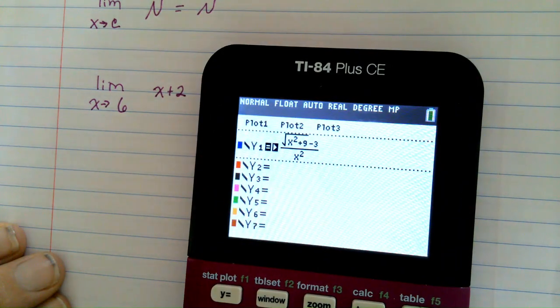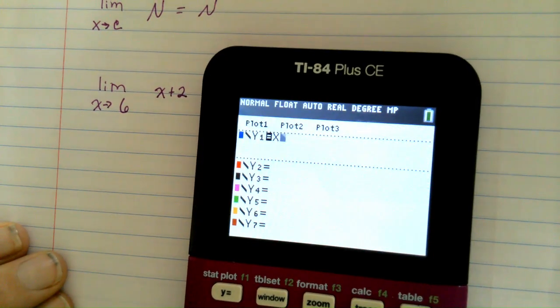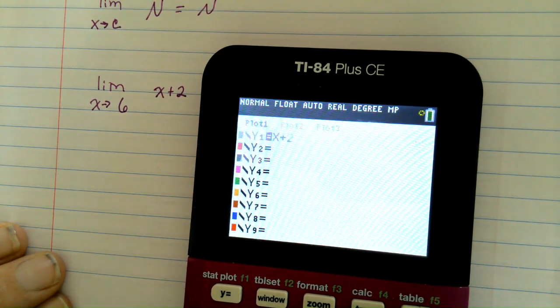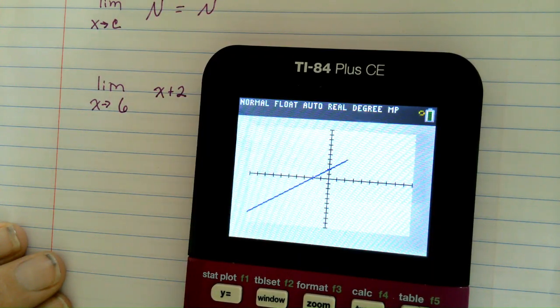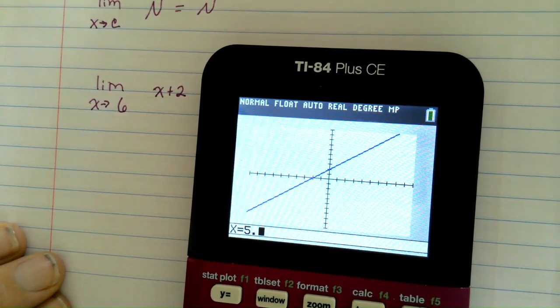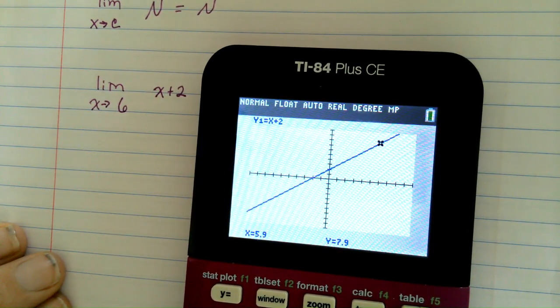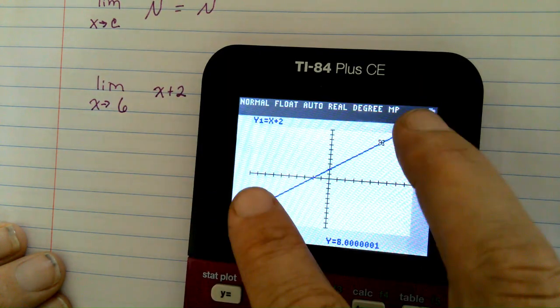Okay, well, we'll come back and we'll use our trick from our previous video. There's our equation. And here, we'll go to 5.9, 5.99, 5.9999. We're getting closer and closer to 8 from the left. What about 6.01? 6.000001? That's also closing in on 8. I think you guys could agree that our finger is getting closer to 8.